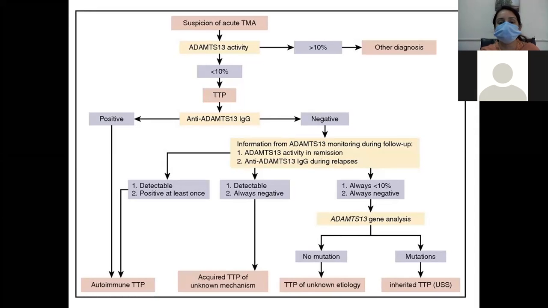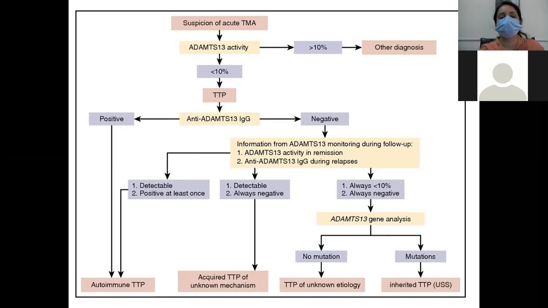It will be information from ADAMTS13 monitoring during follow-up, and we will do the ADAMTS13 activity in remission and anti-ADAMTS13 immunoglobulin during relapses. It will further lead to: detectable and always negative, which means there is acquired TTP of unknown mechanism. Second, there can be detectable and positive at least once, then there will be autoimmune TTP.